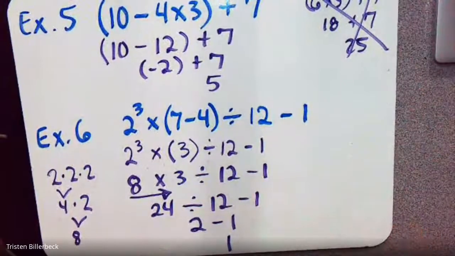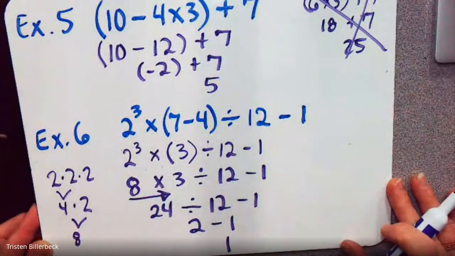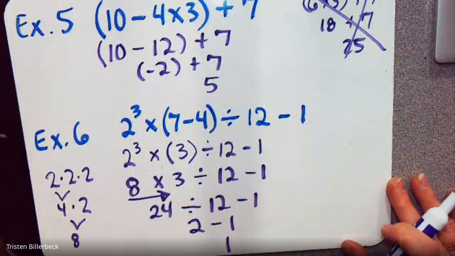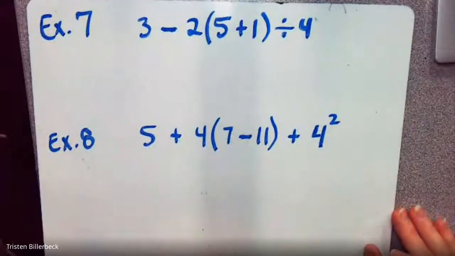Okay? So if we just follow the rules of operation, we just step by step work through the problems. And we have these rules so that we don't come up with several different answers for the same expression.